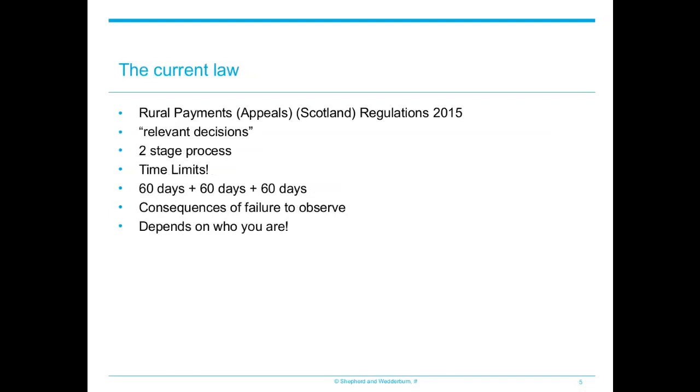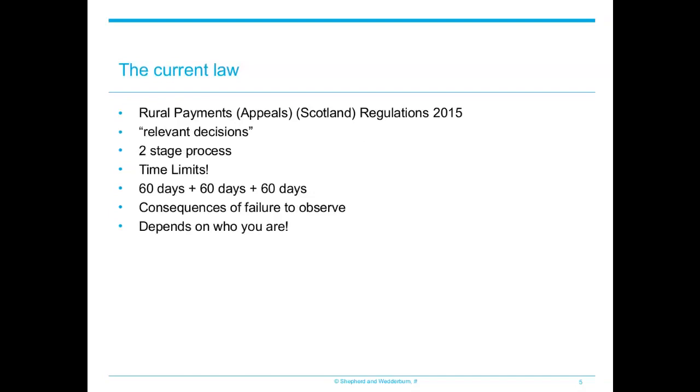First of all, the regulations apply to appeals against relevant decisions. What is a relevant decision, I hear you ask? Relevant decisions are decisions in relation to any of the schemes which are detailed in the schedule attached to the regulation.